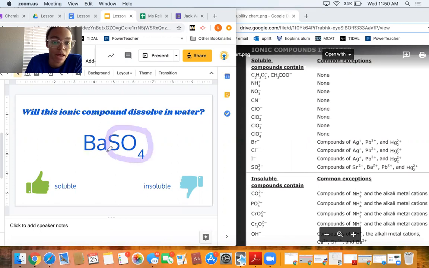Ba is the metal, everything else is our non-metal. When you look at this chart, you can see in the exponent spot we have 2 minus, 3 minus, 2 minus, that's just the charge. So we don't really have to concern ourselves with that. What you're just looking for is the SO4.